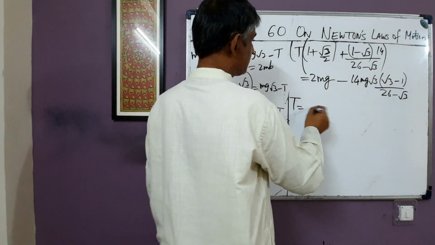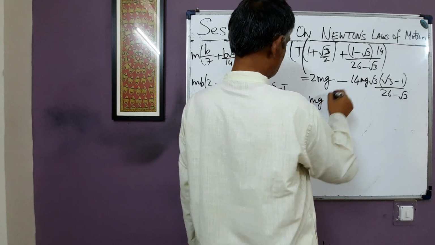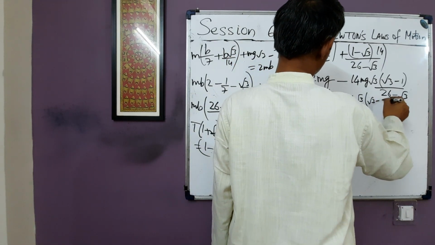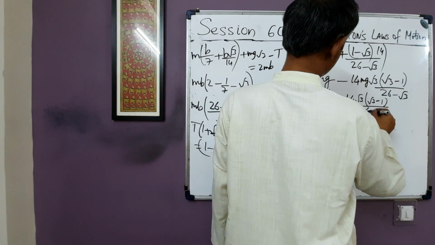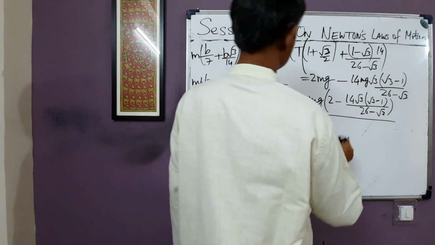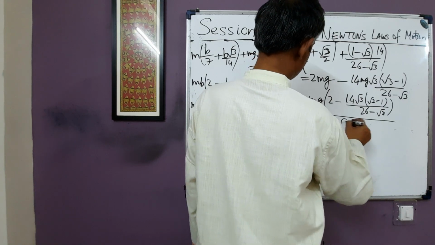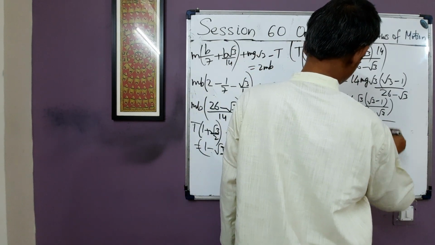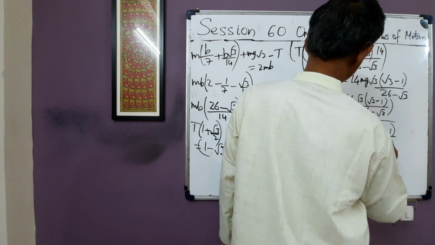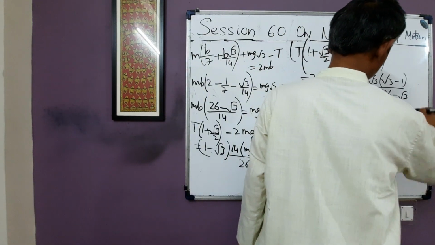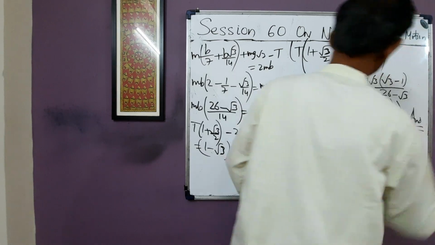So from this you get the answer: 2 minus 14 root 3 minus 1 by 26 minus root 3 upon 1 plus root 3 by 2 minus 14 times root 3 minus 1 by 26 minus root 3. This is therefore the required answer.